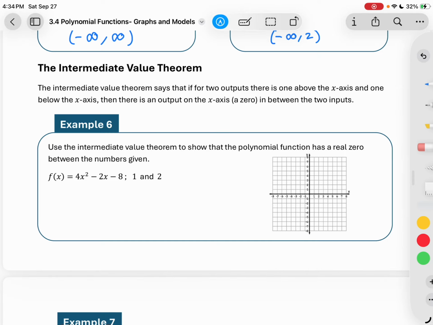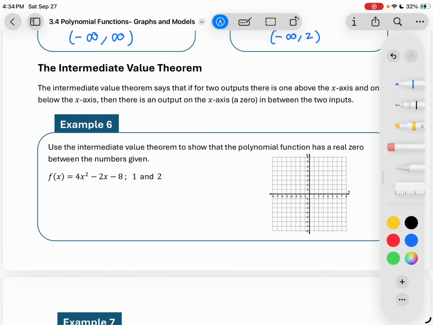For example, I'm just going to do a blank coordinate plane here. If you found an output that is below the x-axis, and then later on you found an output that is above the x-axis, if you're dealing with polynomials, you know that somewhere in between there, it's going to cross the x-axis. That's called the intermediate value theorem.